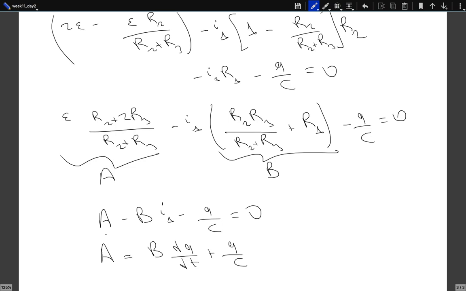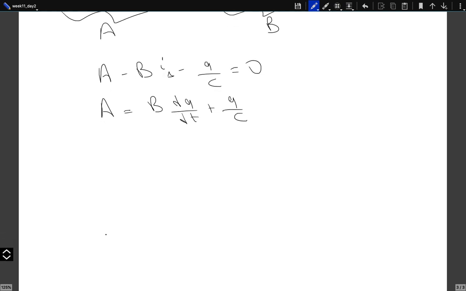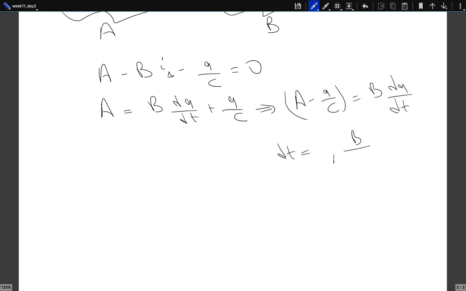Now we need to solve this equation. Now that equation I can write in this form: A minus Q over C is equal to B times dQ over dt, or dt is equal to B over A minus Q over C times dQ.